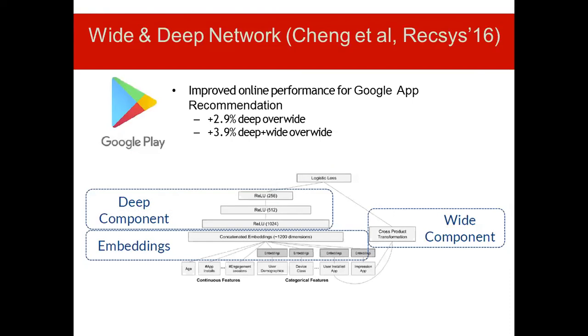The right-hand side of the layers are wide because they directly feed to the output. So it tries to get the best of both worlds, the wide model and the deep model. In the experiments, the deep model achieved about 2.9% improvement over the wide model, and by combining the deep and wide, it achieved about 3.9% improvement over wide models.